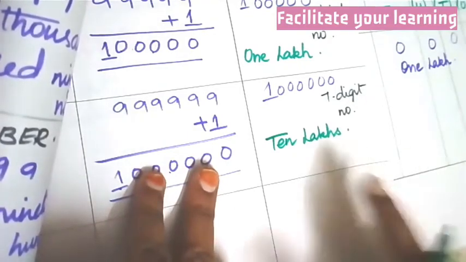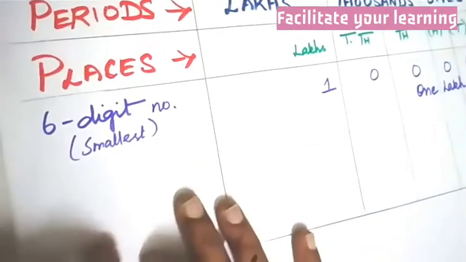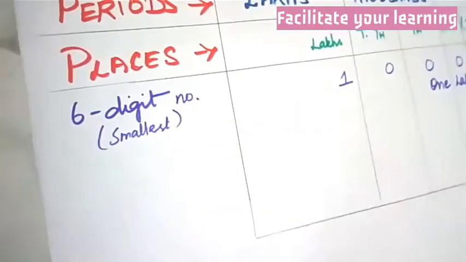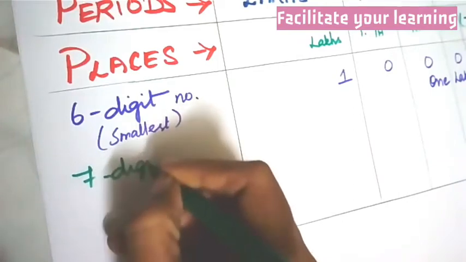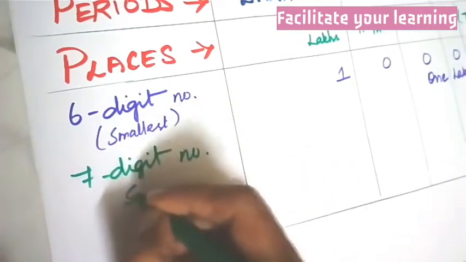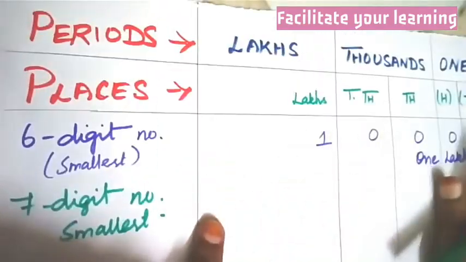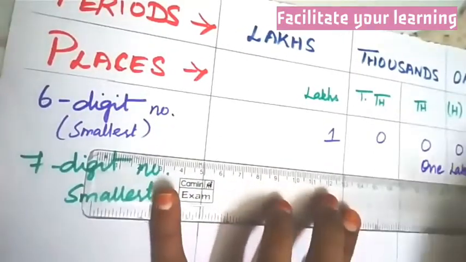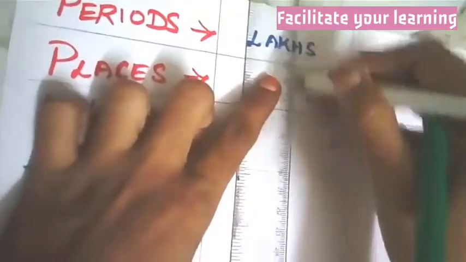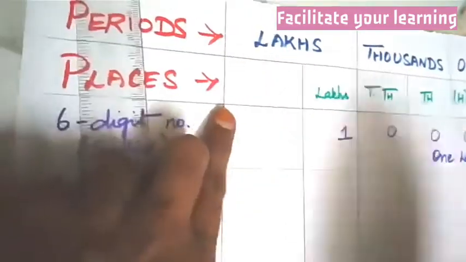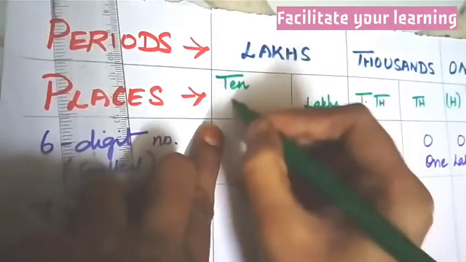Now let us see how to write this smallest 7-digit number in a place value chart. You already have place values for the 6-digit numbers. You are going to add one more place value in the lakhs period, that is ten lakhs.